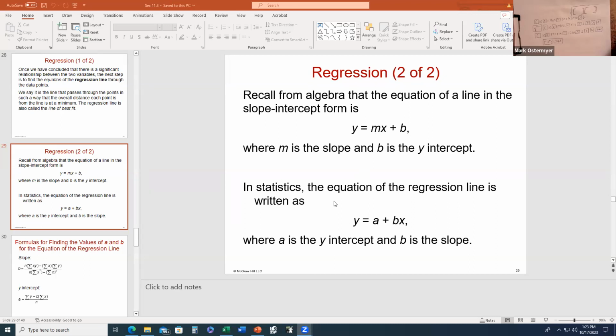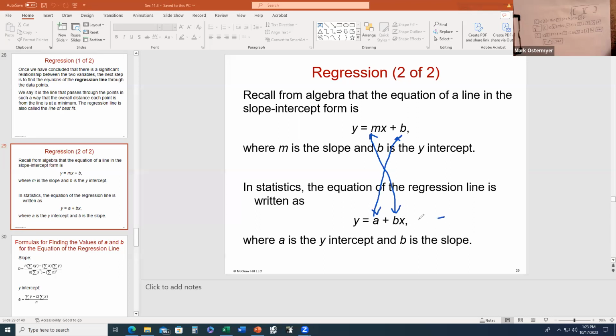Now, in statistics, they have these letters all different and turned around a little bit. They have y is equal to a plus bx. But ladies and gentlemen, there is no difference here. What they call b is what we call m, the slope of the line. These are the same. And what they call a is what we call b, the y-intercept.